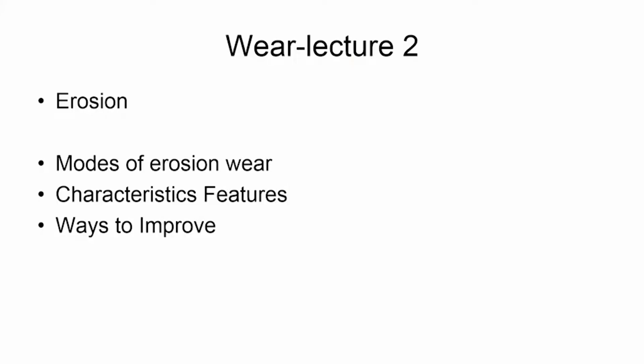We are in the process of discussing the different modes and submodes of wear. So, today we will discuss the erosion and adhesive modes of wear. Erosion wear is when, instead of a solid part as the meeting surface, we take a fluid or gaseous species as the meeting surface, and there is relative movement between the solid component and the fluid or gaseous species.